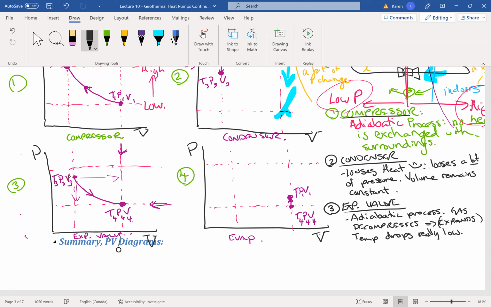Has anybody played with a situation where you expand a gas very quickly and the temperature drops? Has anybody done any work where that has happened? I just know if you go camping and you're using those little green propane canisters, they get frozen on the outside, right? Yeah, exactly.